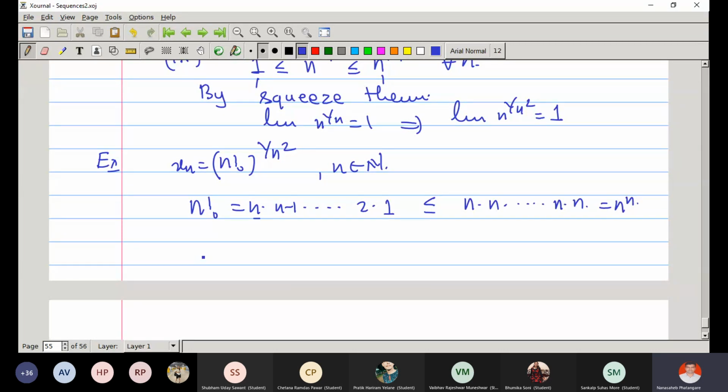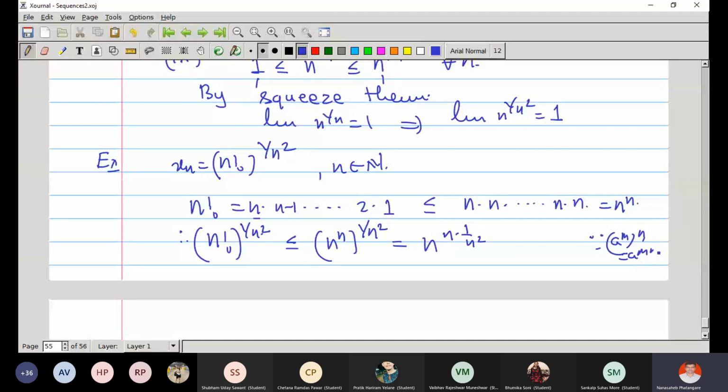Therefore n factorial raised to 1 by n square is less than or equal to n raised to n, raised to 1 by n square, which is n raised to n into 1 by n square. Which property am I using? e raised to m raised to n is e raised to mn, which gives n raised to 1 by n.